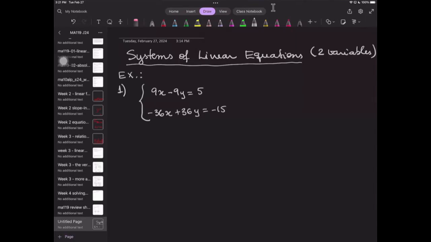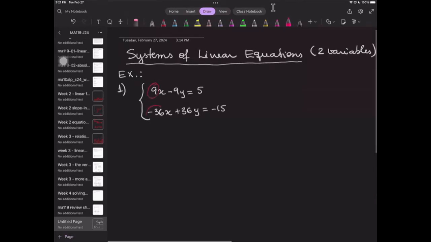If I'm focusing on x, I want to cancel x. So I look at the numbers in front of x: I have 9 and negative 36. I want opposite numbers in front of the variable x.